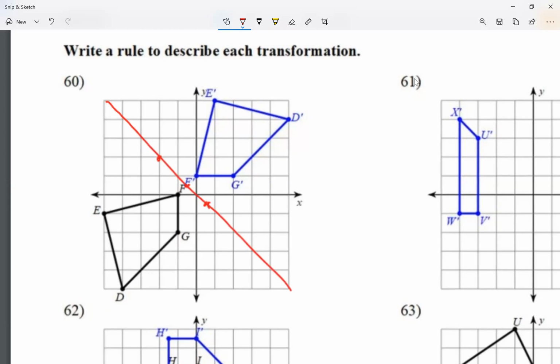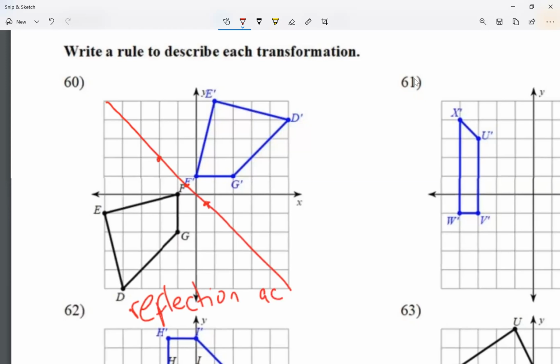Because my midpoints are collinear, that means the distance on one side is the same as the distance on the other side. I have reflection. So I'm going to write this as reflection across... What's the equation of that line?